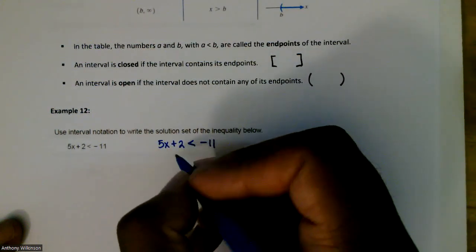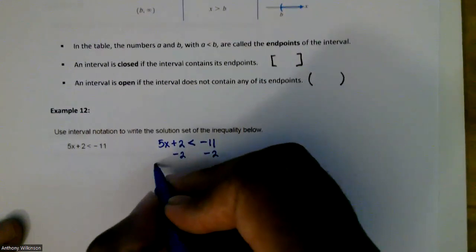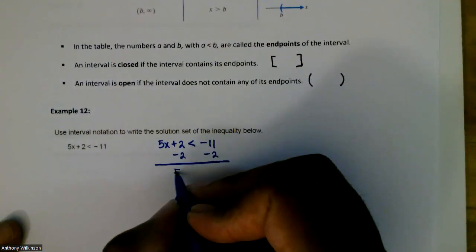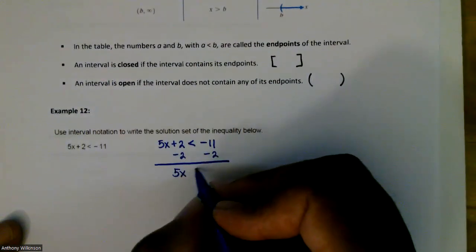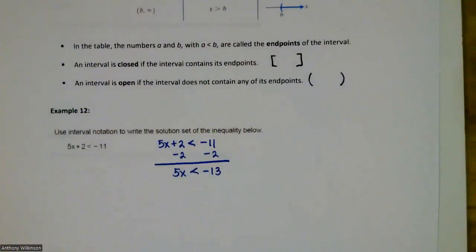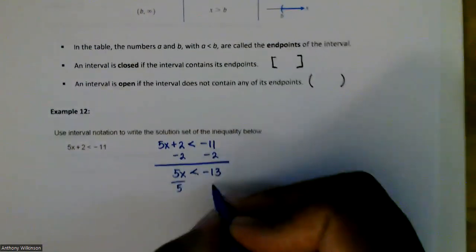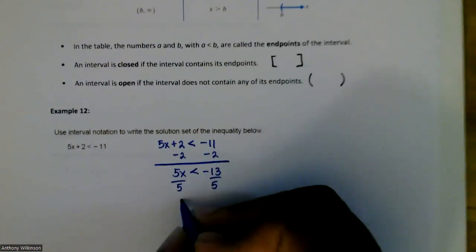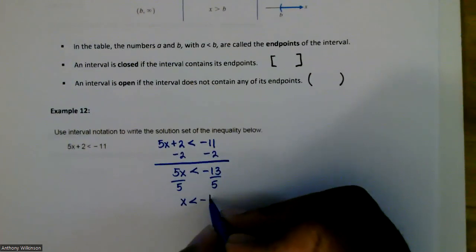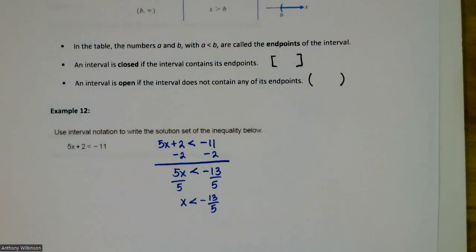So now to get 5x by itself, we need to subtract 2 on both sides. That means 5x is less than negative 13. And then to solve for x, we're multiplying it by 5, so we need to divide both sides by 5. That means x is less than, and I'll leave this as, negative 13 fifths.